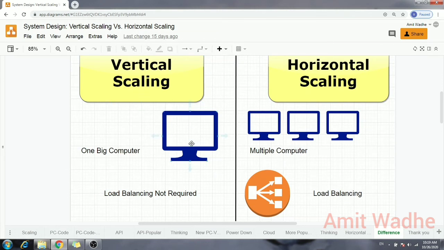In vertical scaling there used to be one big computer with very high configuration, and if you need to scale your application vertically, you need to increase the configuration of your computer. In horizontal scaling you do not have to increase the configuration of the same computer, you have to increase the total number of PCs, the total number of boxes.